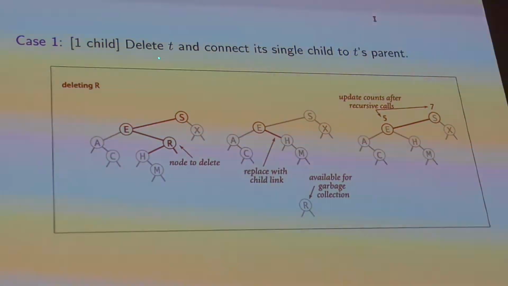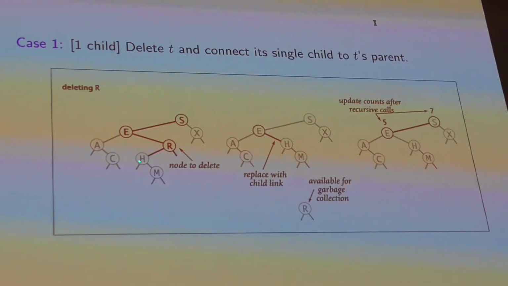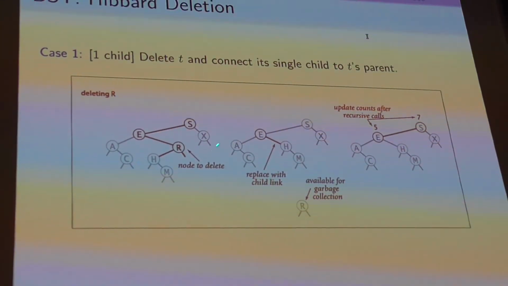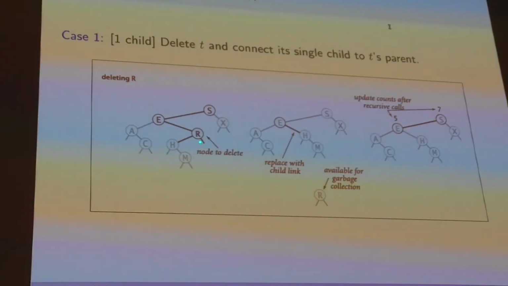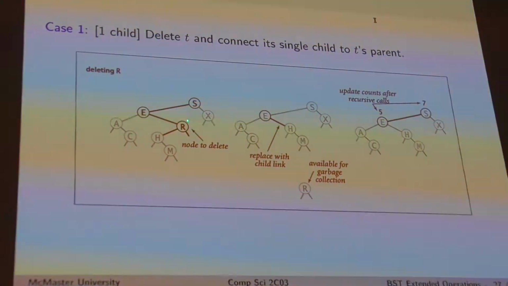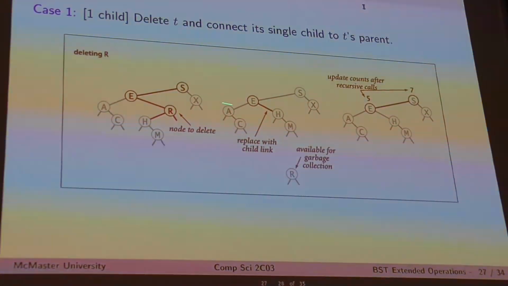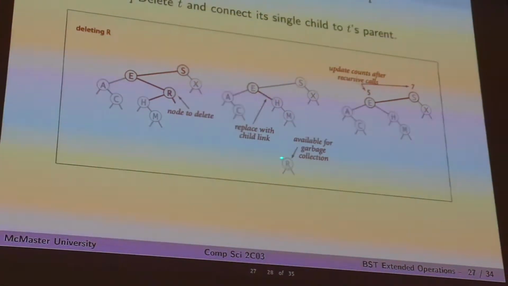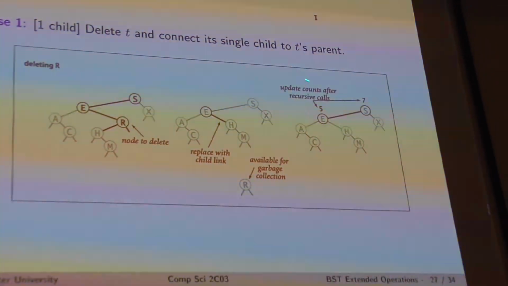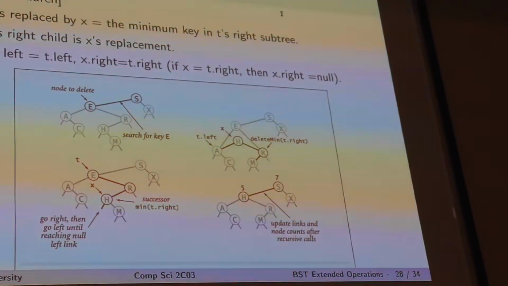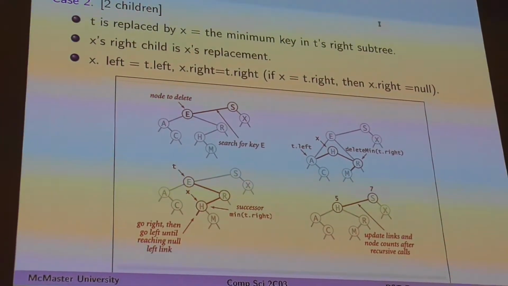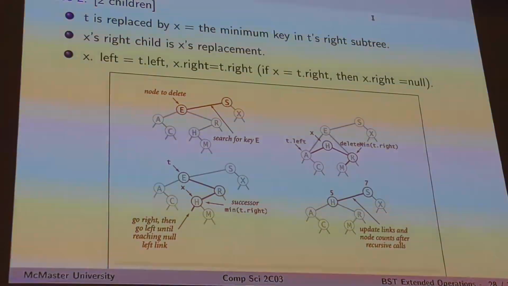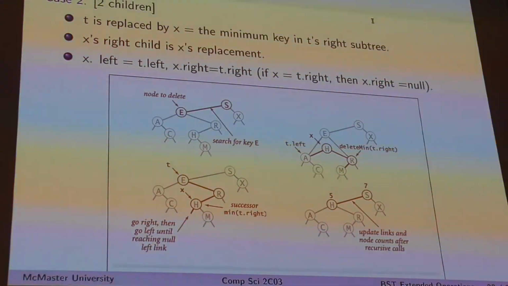Of course, if it has children of its own, we don't just delete the thing. E will now point to the one child that it has, freeing R for garbage collection. Update counts. And then, of course, with two children, it's a little bit more tricky. This is the harder procedure that we tried to avoid by doing the lazy way of doing it.